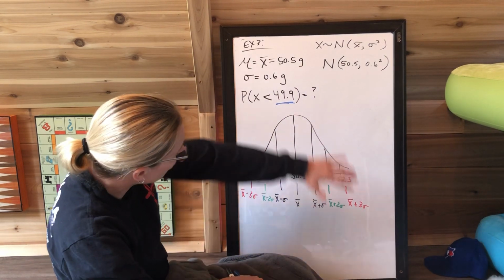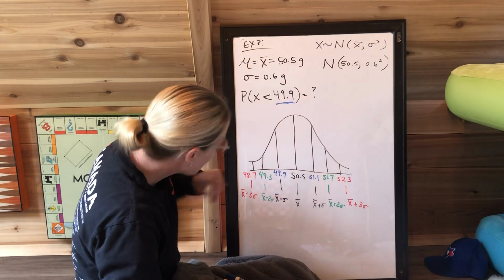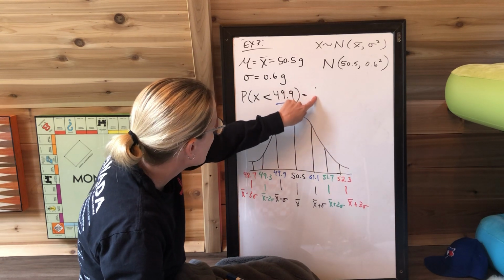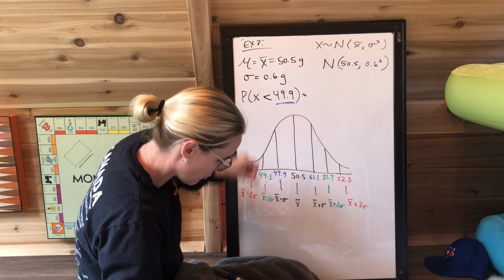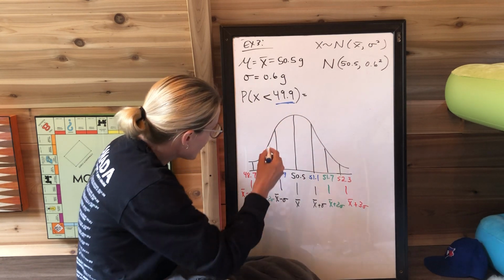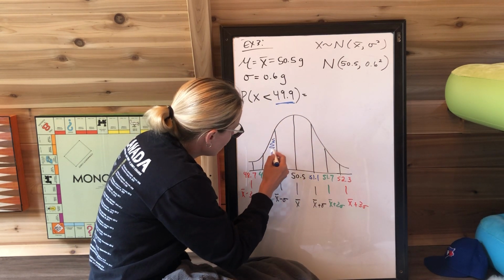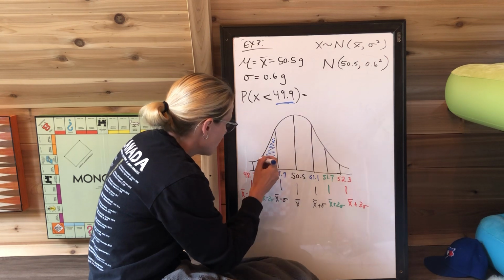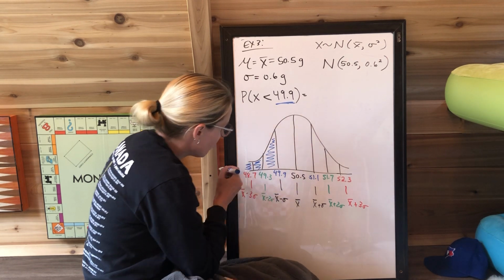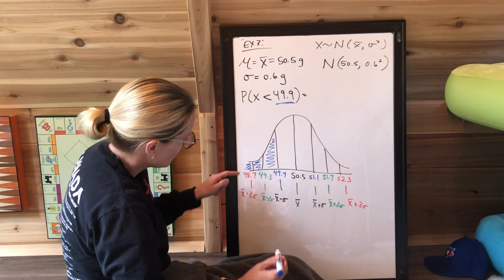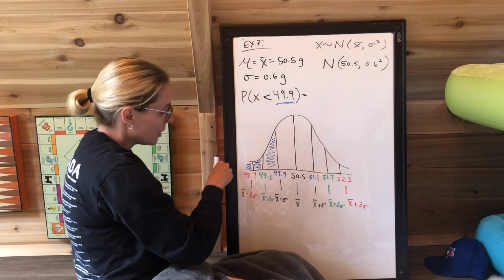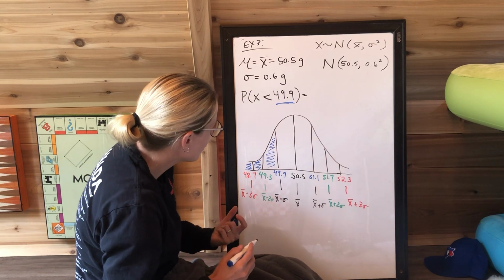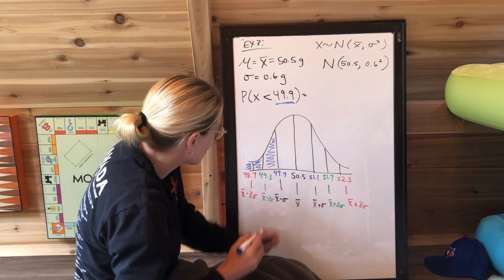You could answer all kinds of questions about where it lies. They ask us one question. What probability is it that they are less than 49.9? So we take this area here, and less than 49.9 would be anything that falls in these sections. All of this is greater than 49.9, and this is less than 49.9. So you go back to that chart and ask how much was in each of these sections.